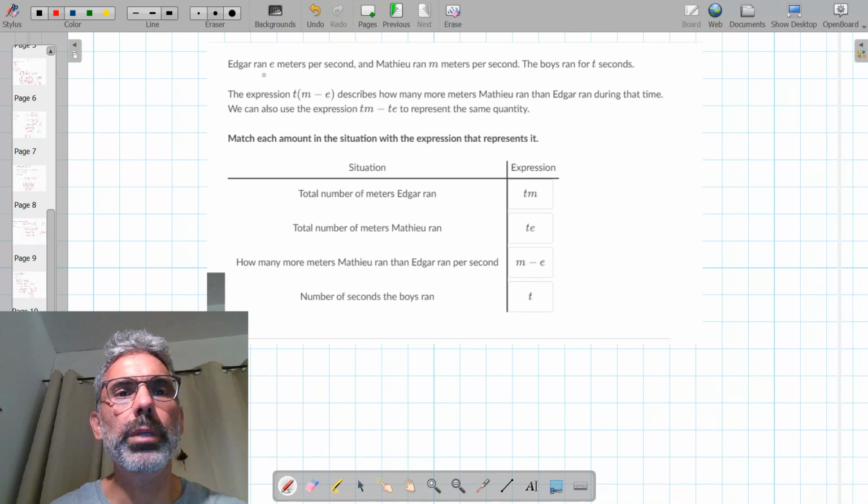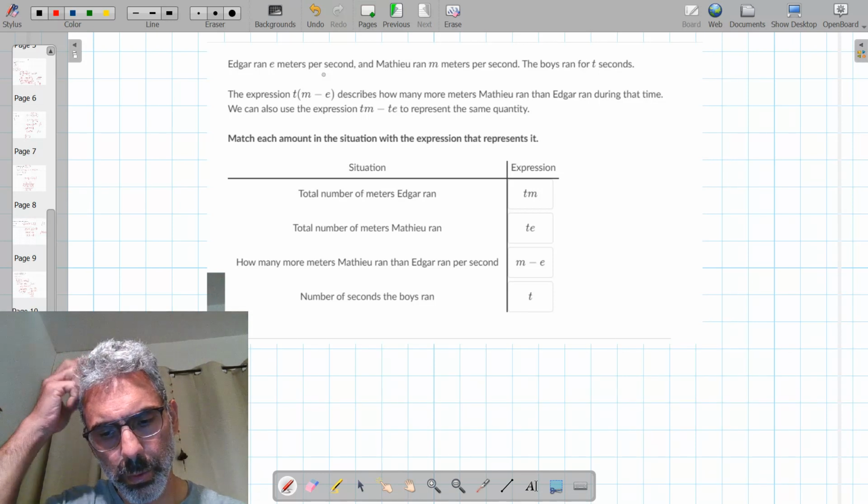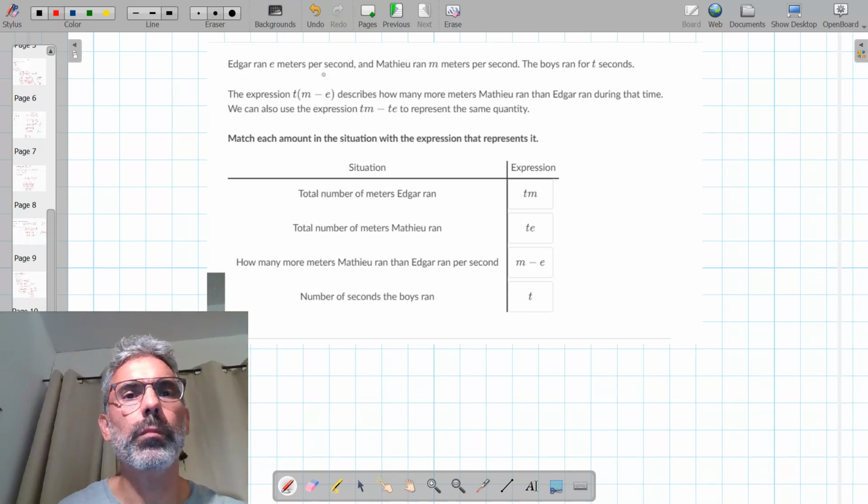Edgar ran e meters per second. Okay, and Matthew ran m meters per second. The boys ran for t seconds.